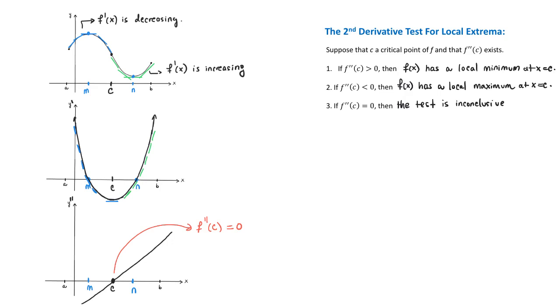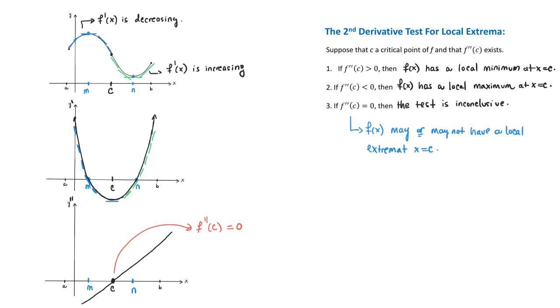Inconclusive means that you cannot draw any conclusions. In other words, the function f of x may or may not have a local maximum. It may have a local maximum or it may not. So f of x may or may not have a local extrema, let's say, at x equals c.